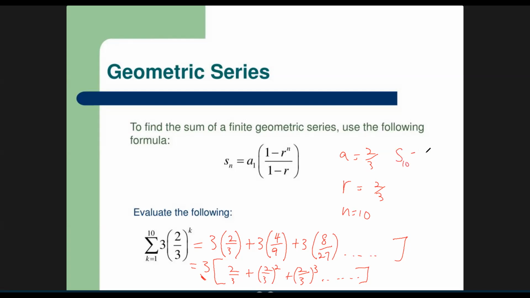So you'll get S10 equal to 2 over 3, brackets, 1 minus 2 over 3 to the 10th power, all over 1 minus 2 over 3, right?